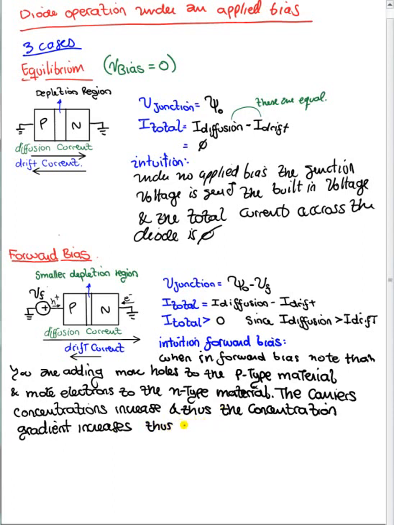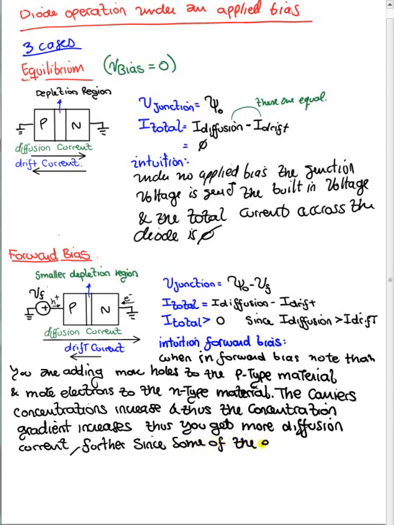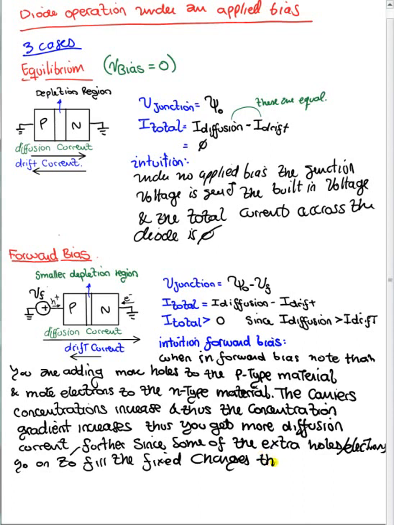And thus you get more diffusion current. Further, since some of the extra holes and electrons go on to fill the fixed charges, therefore the depletion region decreases in size.